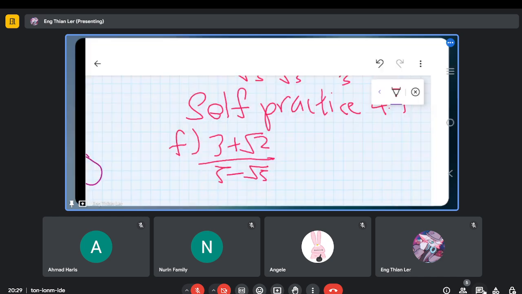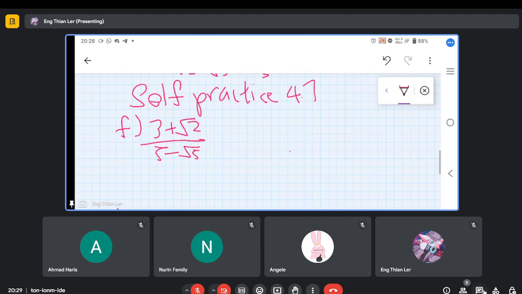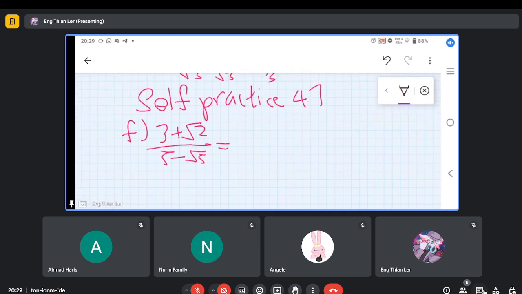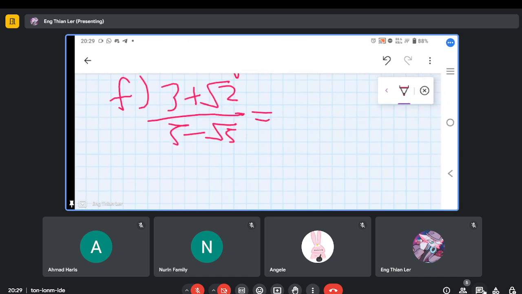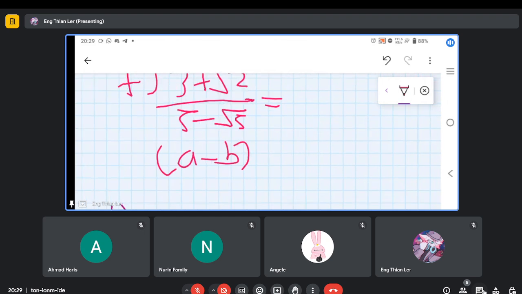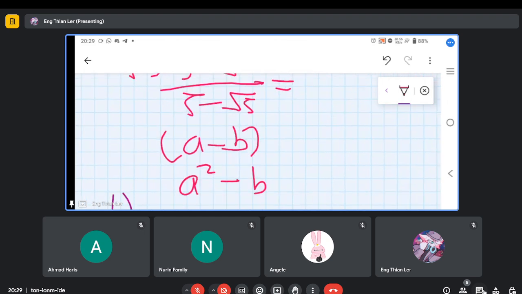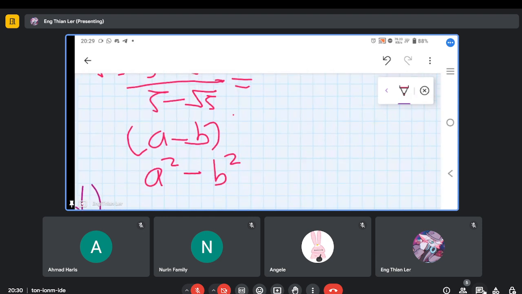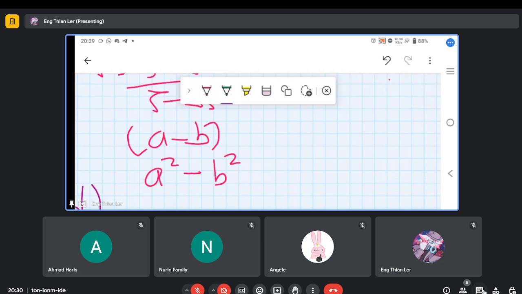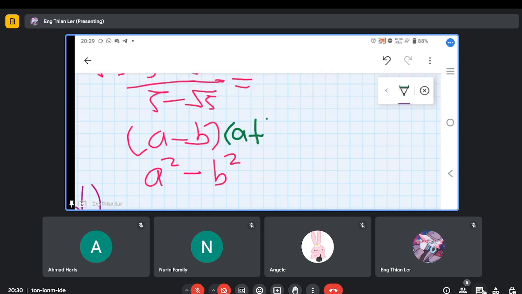Okay, so now let's start simplifying. What are we going to do? We're going to multiply by the conjugate. What's the conjugate? Look at this. In this case, if you have a minus b here, what do you need to multiply to get this? We need to multiply by the conjugate of this, which is a plus b.